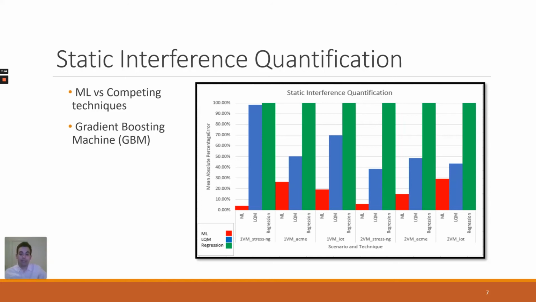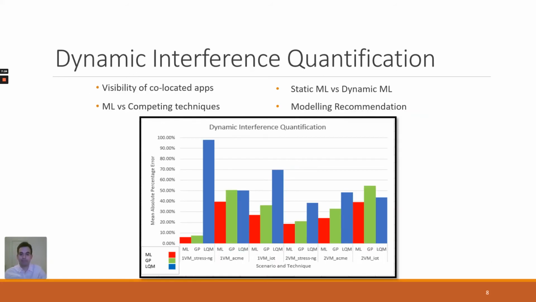Our dynamic interference modeling technique addresses these shortcomings of the static techniques. Nevertheless, this is a useful scenario when the application owner wants to scale manually or automatically known applications and would like to see the effects on another application.